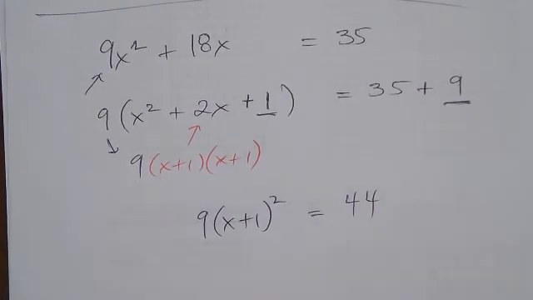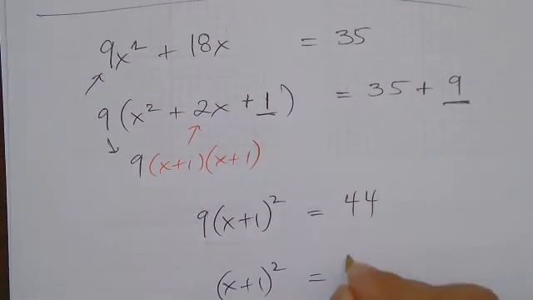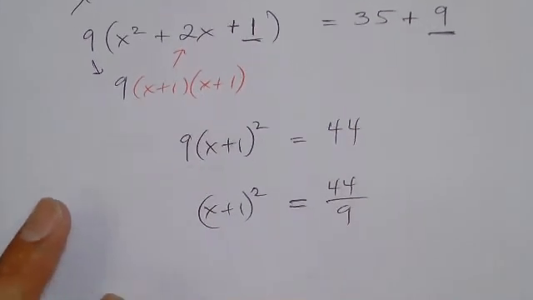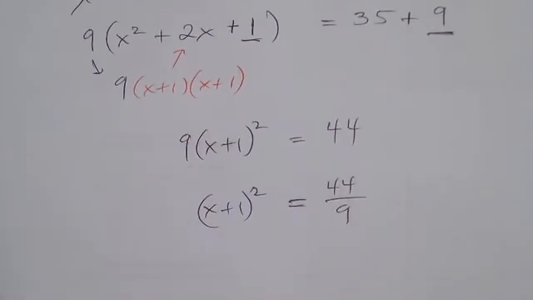So that's going to be 9 times x plus 1 squared equals 44. Okay, and then we're going to have x plus 1 squared equals 44 over 9. Okay, and just leave it like that. I've got to go over how to finish and get these answers right. Okay, all right.